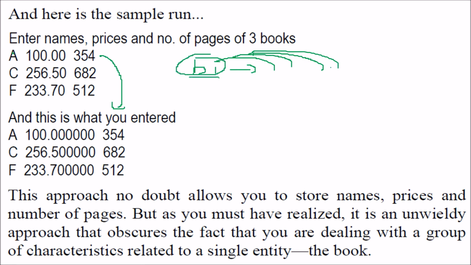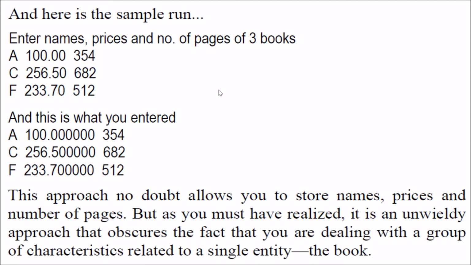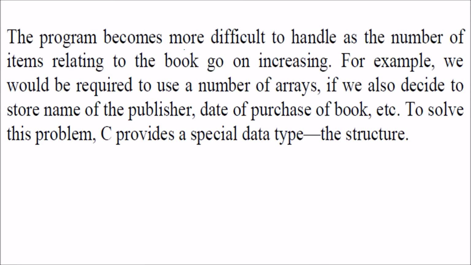Once we deal with this B1 or book, it should give you all this content. So this program becomes very difficult to handle as the books go on increasing. Somebody comes to you, he wants publisher, purchase of book, all this information.